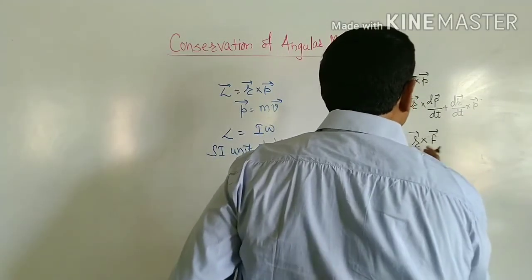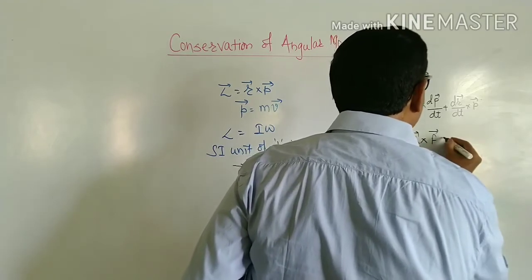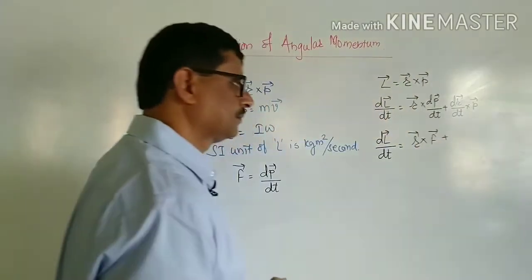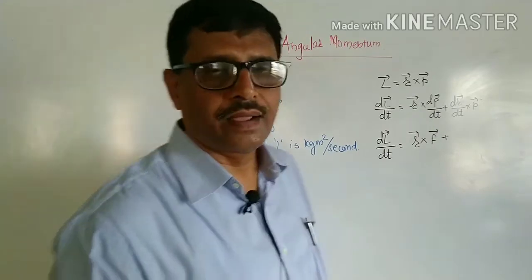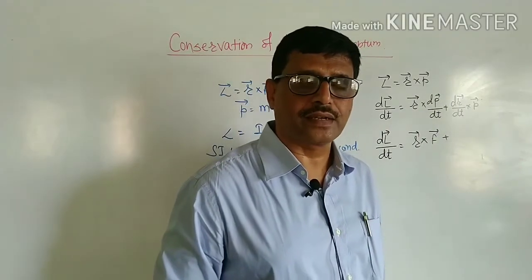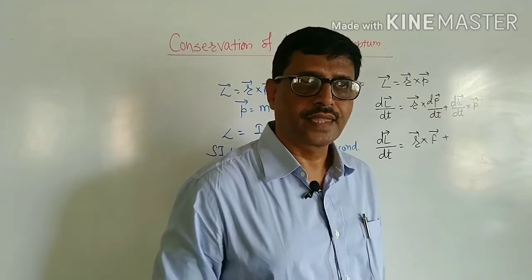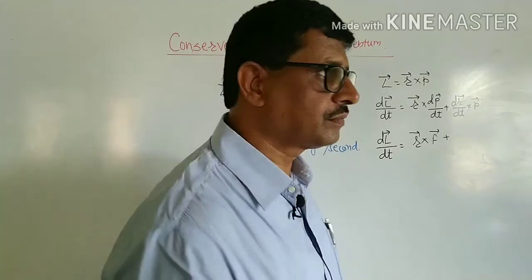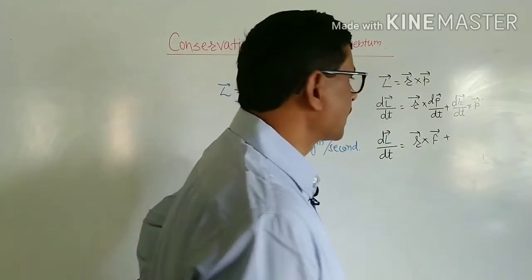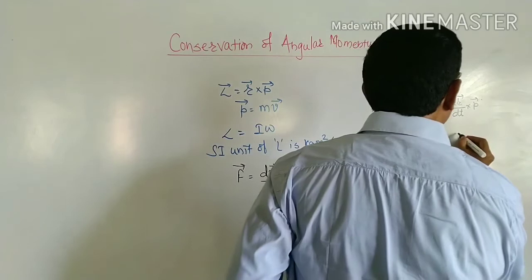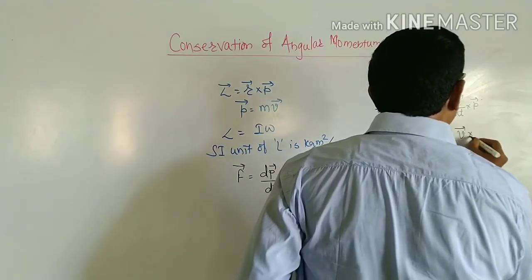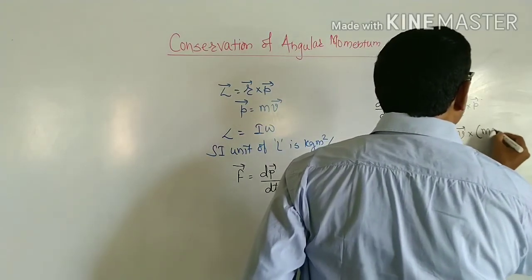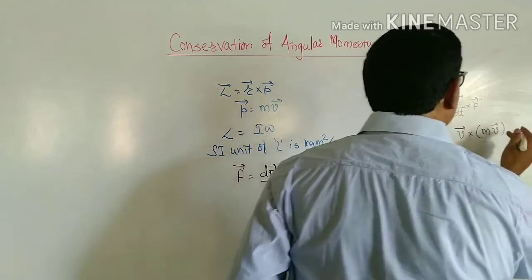Therefore, it is vector R cross vector F plus dR by dt, where vector R is the position vector, and rate of change of position is velocity. Therefore, it is vector v cross momentum, which is m into vector v.